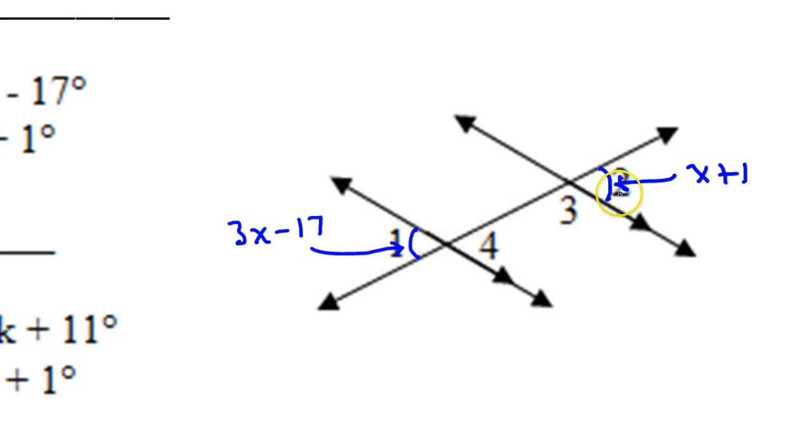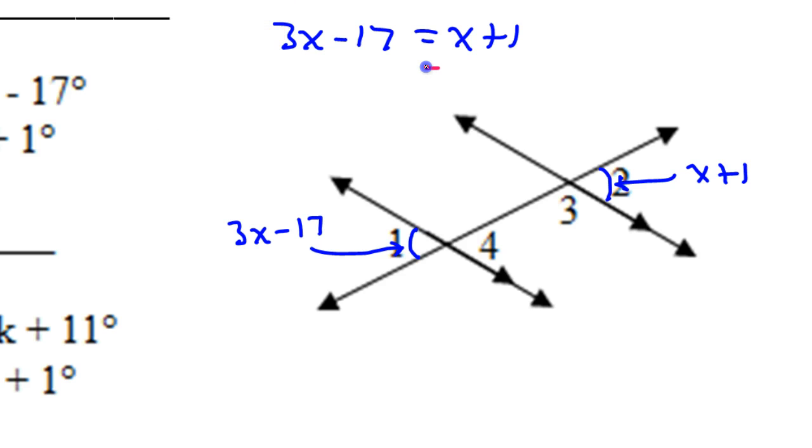Now these are alternate exterior angles. Notice these are parallel lines. So when you have parallel lines, all of the acute angles are going to be congruent. So 1 and 2 will definitely be congruent to each other. That means we can set these equal to each other. So 3x minus 17 should equal x plus 1.